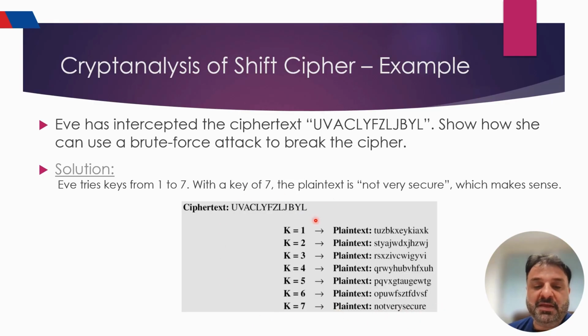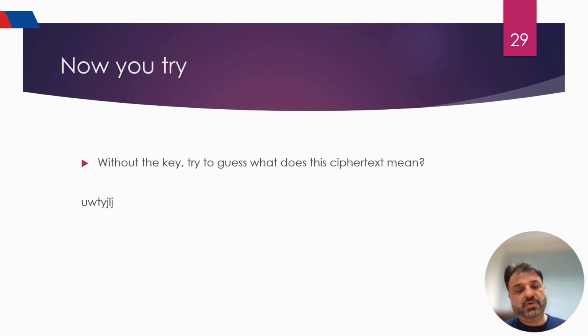So as you can see, by doing the decryption using all the possible keys, we get the message after just 7 tries. So it's very simple to decipher, and cryptanalysis works even though we didn't have the secret key. Now it's your turn to do it for this message and try to guess what this ciphertext means.